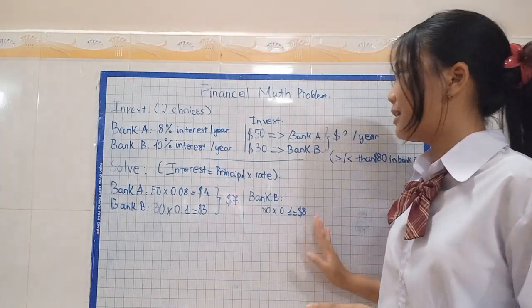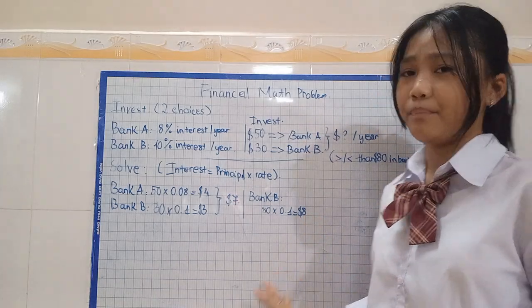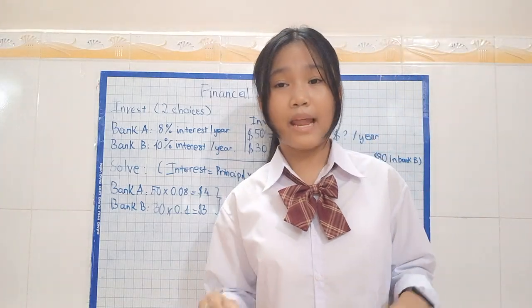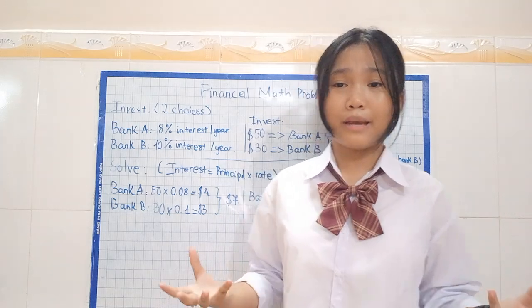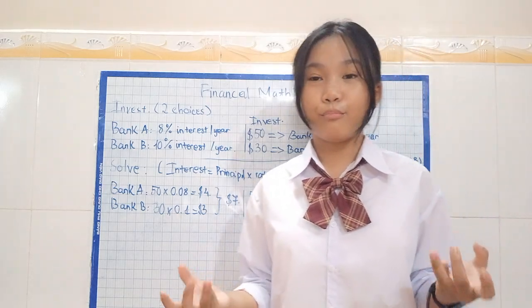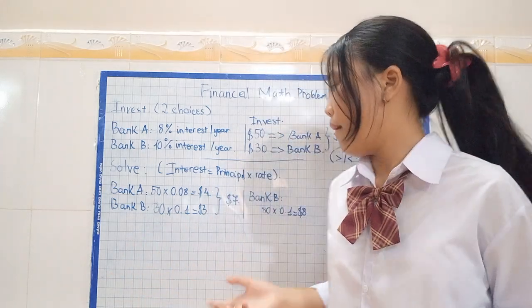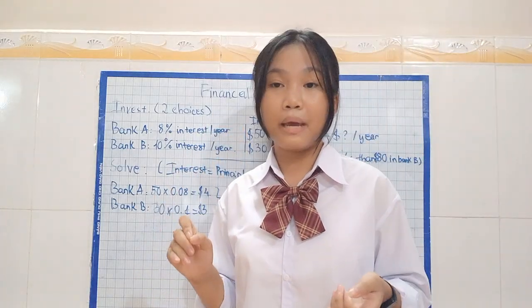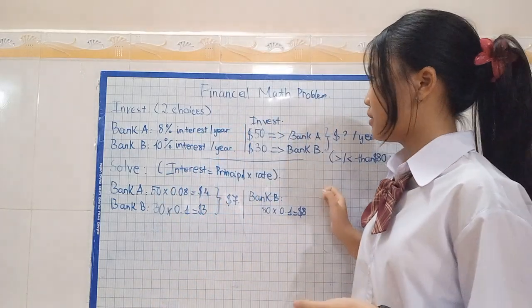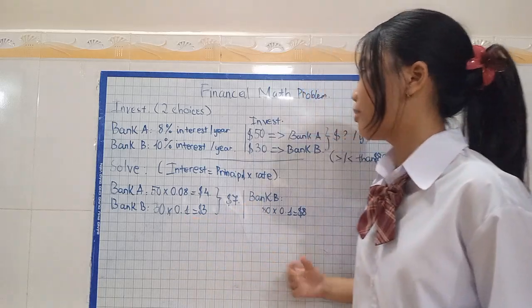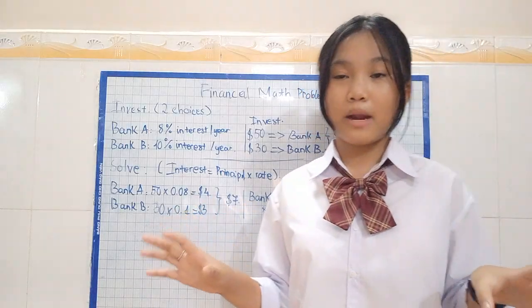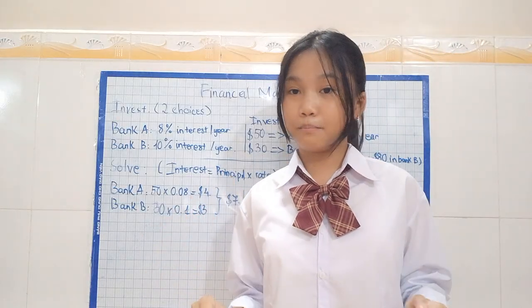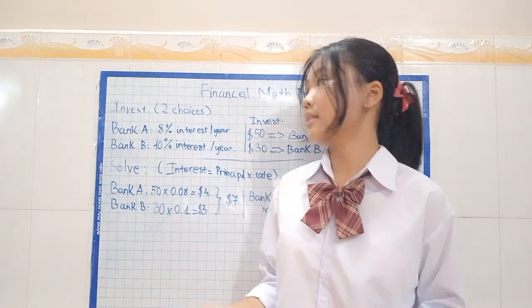After this math problem, what we need to understand is that really small decisions could happen in our daily life at any time without us even knowing. If we can calculate and estimate the stable amount of interest we could get, it will have a lot more benefits than we might think.